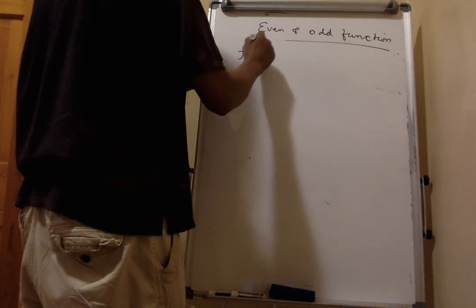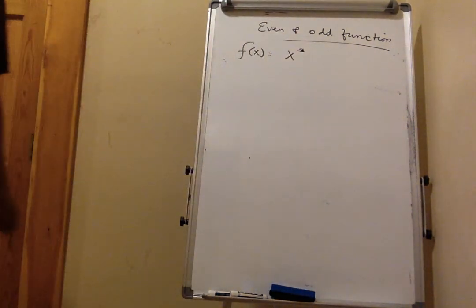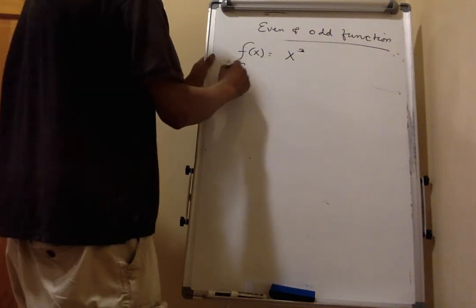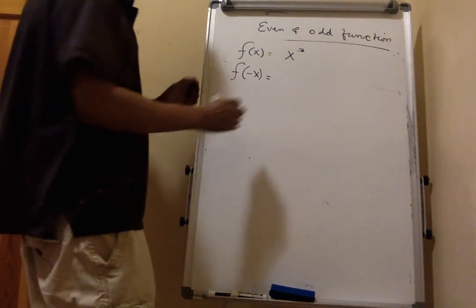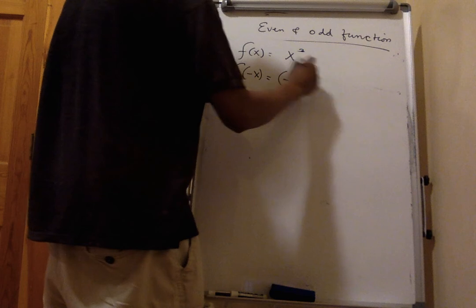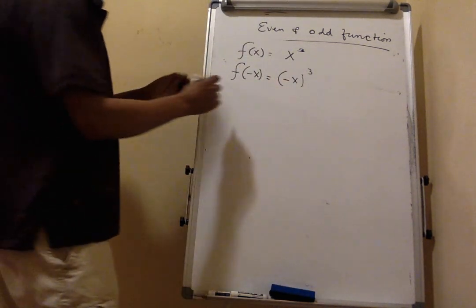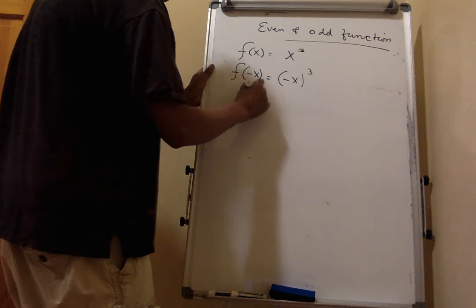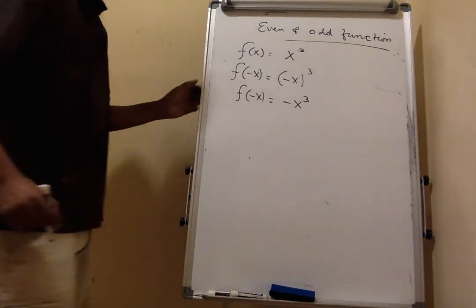F of x is equal to x cubed. Let's say f of x. Then if I put f of negative x, it is equal to negative x cubed. Right? So f of negative x is equal to negative x cubed.